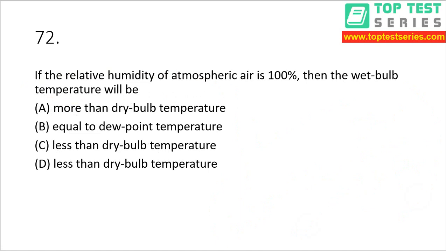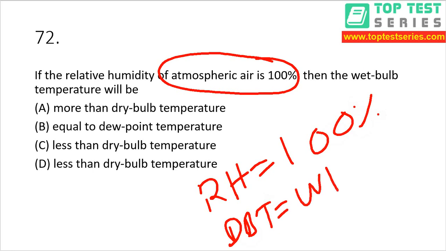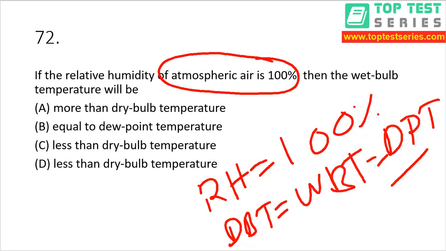Now, question number 72. If the relative humidity of atmospheric air is 100%, the wet bulb temperature will be, my dear, it is talking about the saturated condition. In case of saturated condition, relative humidity will be 100%, and in that case, what will happen? DBT, dry bulb temperature, is equal to wet bulb temperature, is equal to DPT, dew point temperature.